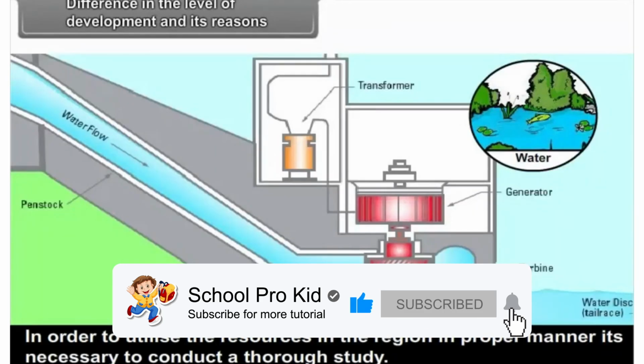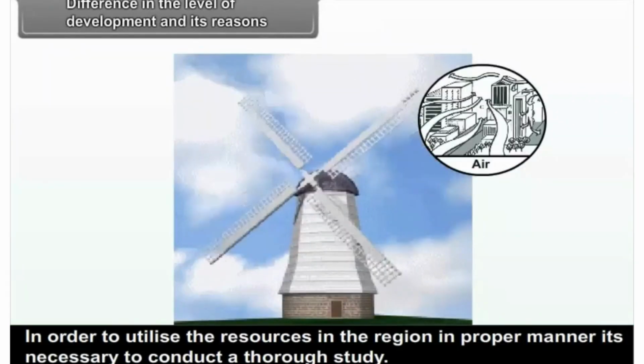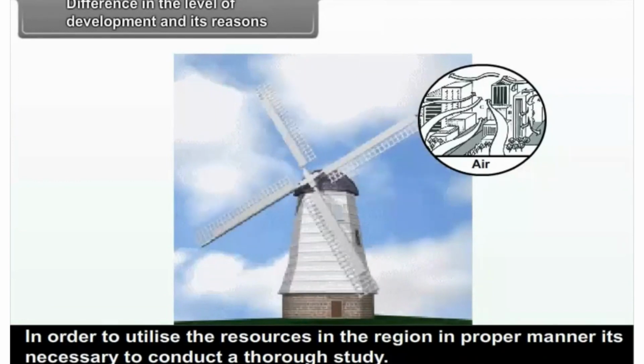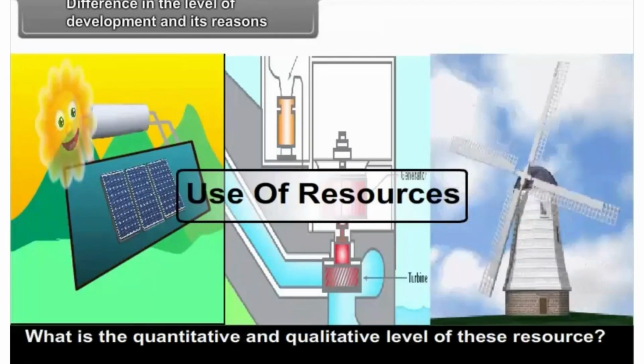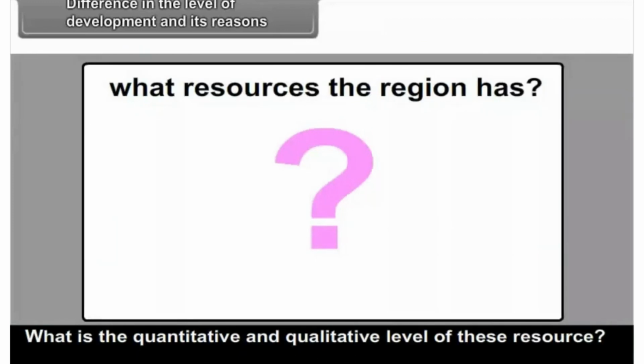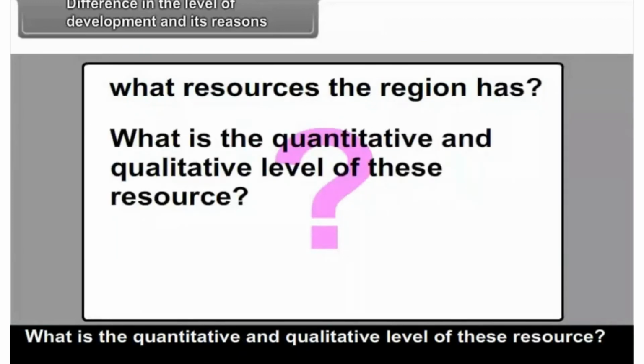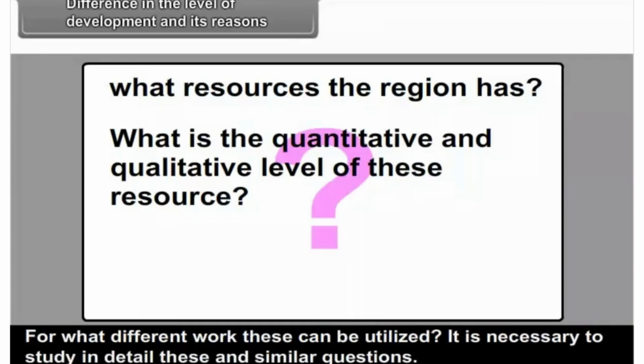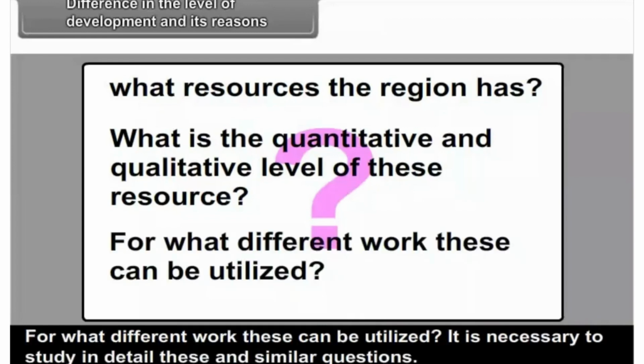In order to utilize the resources in the region in proper manner, it is necessary to conduct a thorough study. Such studies need to address questions like what resources the region has. What is the quantitative and qualitative level of these resources? For what different work these can be utilized? It is necessary to study in detail these and similar questions.